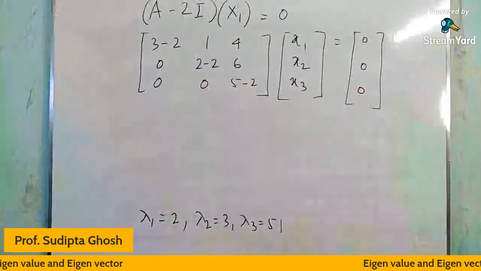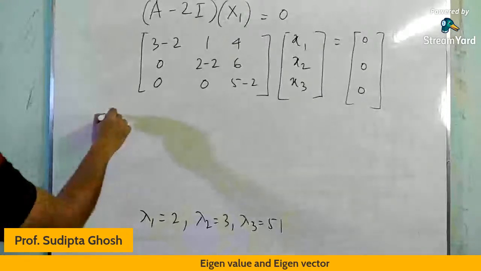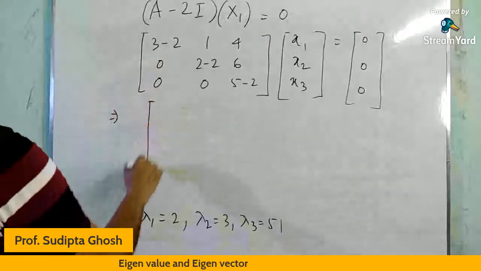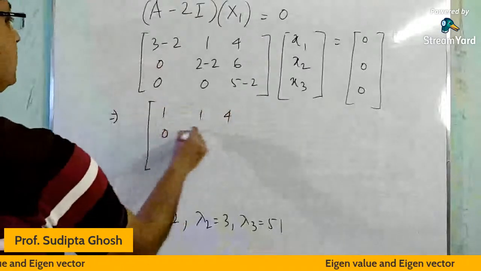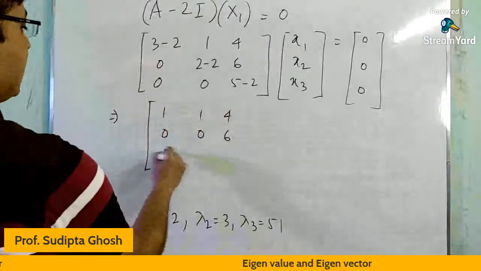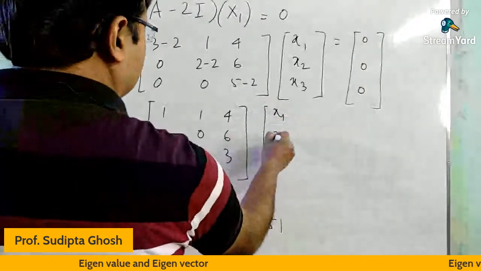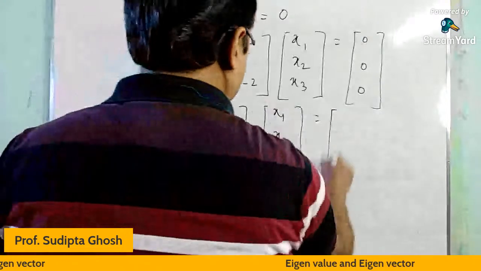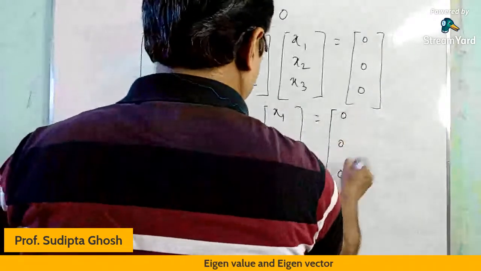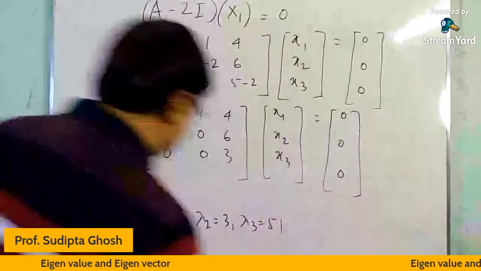I think this is not a problem for you all. So the matrix reduces to 1, 1, 4, 0, 0, 6 and 0, 0, 3, with x1, x2, x3, and the right hand side remains the same, that is 0, 0, 0. Now from here we can write three equations.